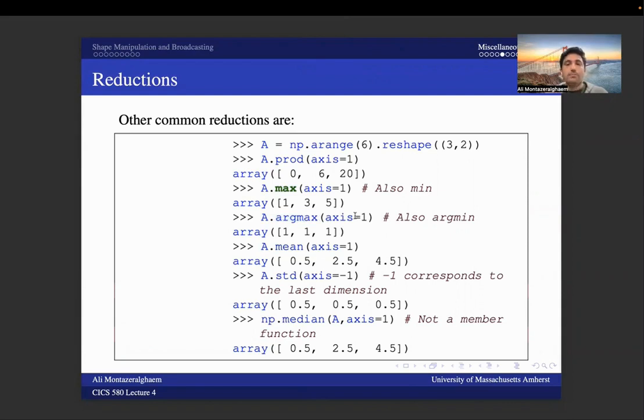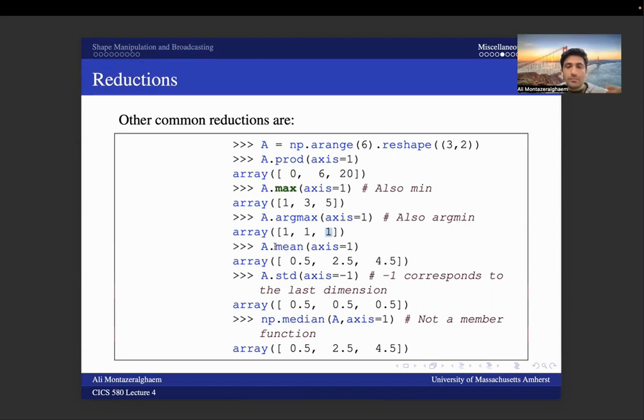So 1 is the maximum, and the index of the 1 is 1. So as output, we have 1 also. For the second row, we have 2 and 3, and 3 is the maximum. So same as the first one, we get a 1. And then for the third row, we have 4 and 5, and 5 is the maximum, and the index of that is 1.